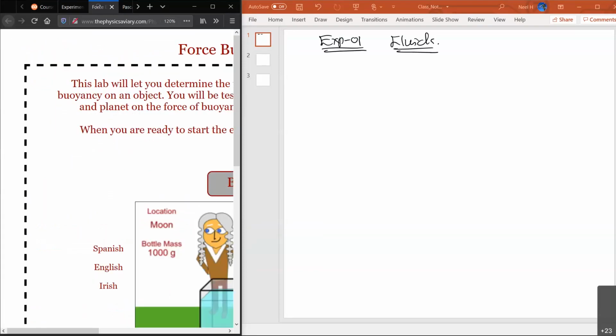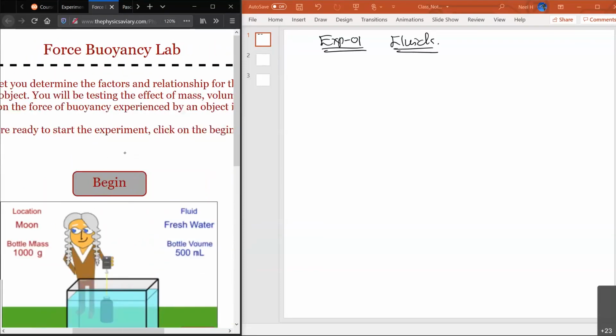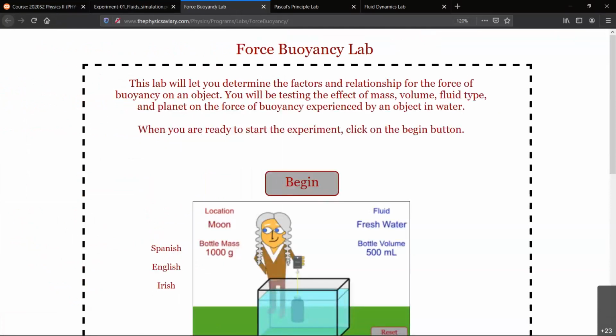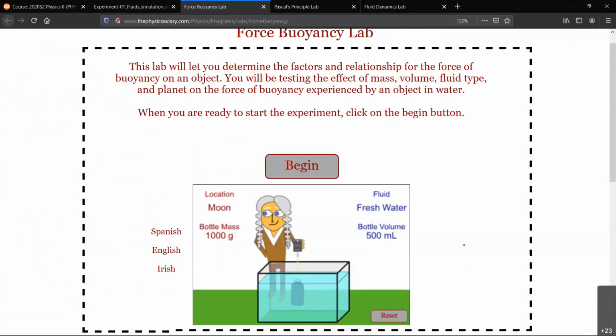So then you will get a small software, a small simulation on your web browser. That should look like this initially. Good, everybody have it?